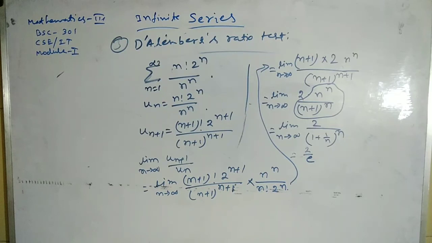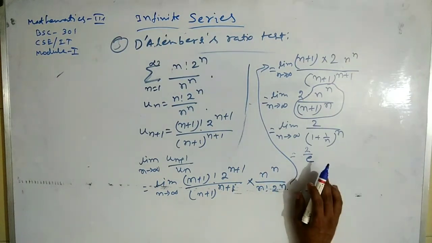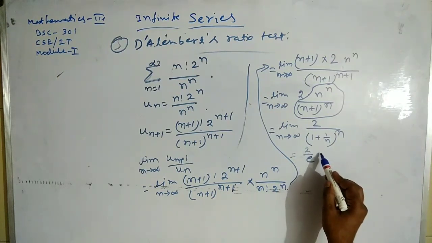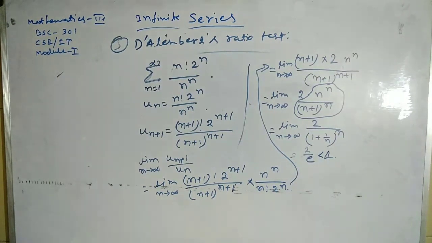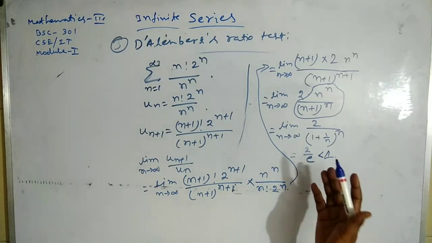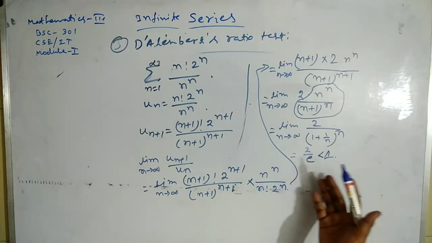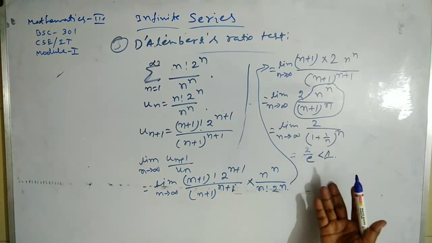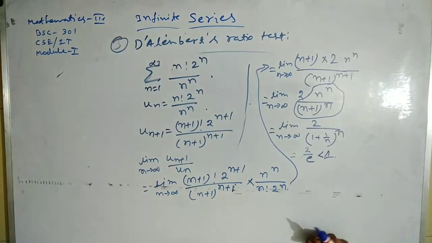Now since the value of e lies between 2 and 3, this is a proper fraction, that is 2 by 2 point something, and that will be less than 1. According to D'Alembert's ratio test, if the limit is a finite real number and it is less than 1, then the series will converge.